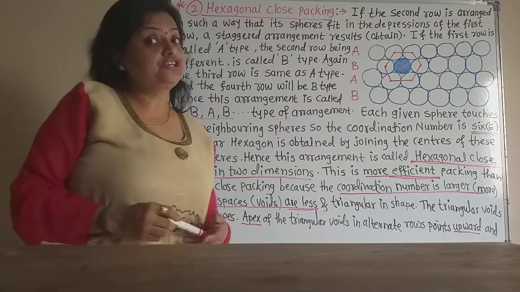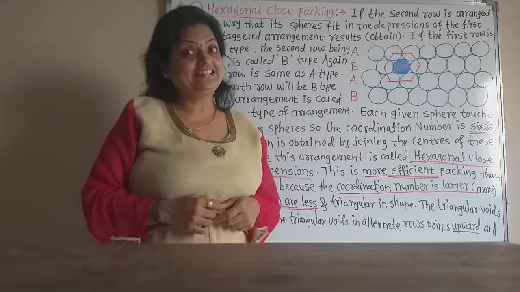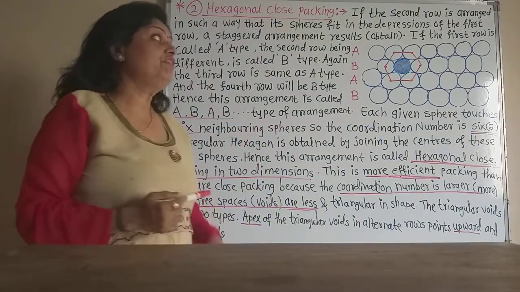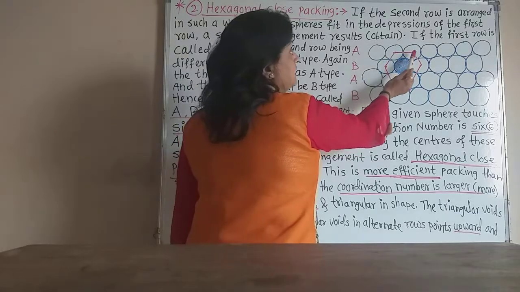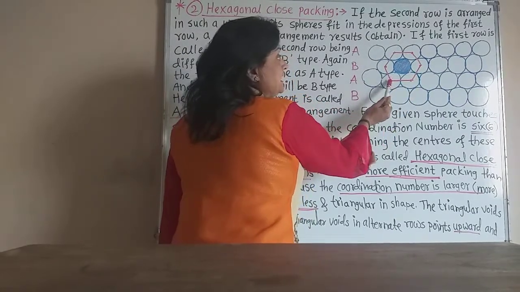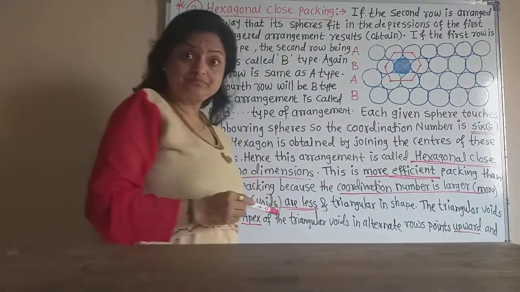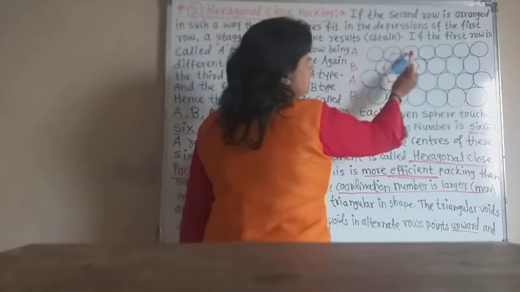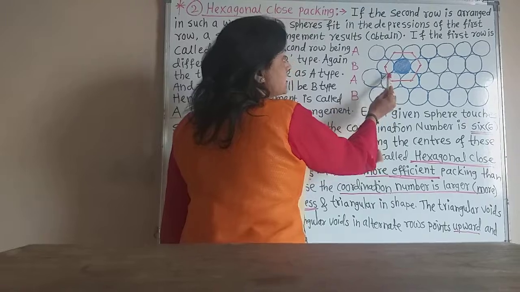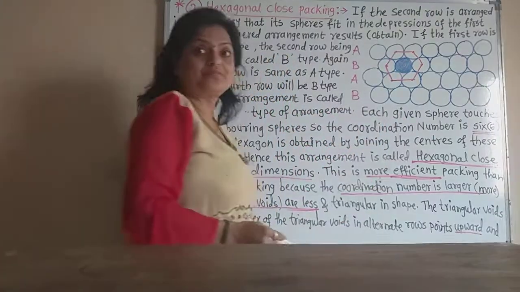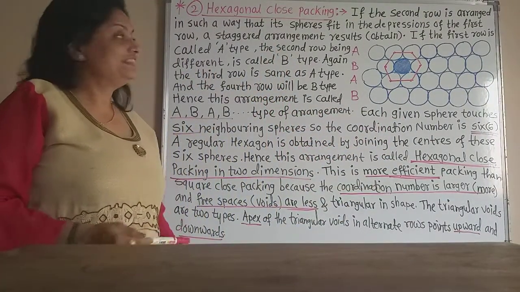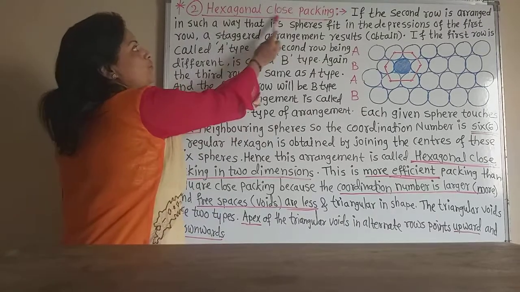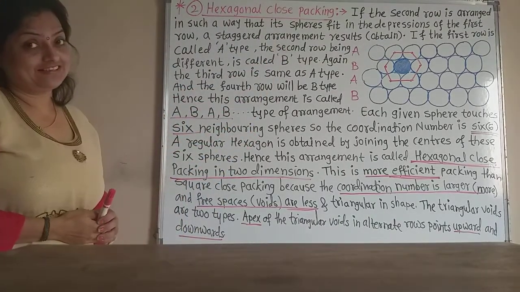Therefore, the coordination number is 6 in the hexagonal close packing structure. And if we join the centers of these neighboring spheres of the given sphere, we obtain a regular hexagon. That is why this close packing is called the hexagonal close packing.